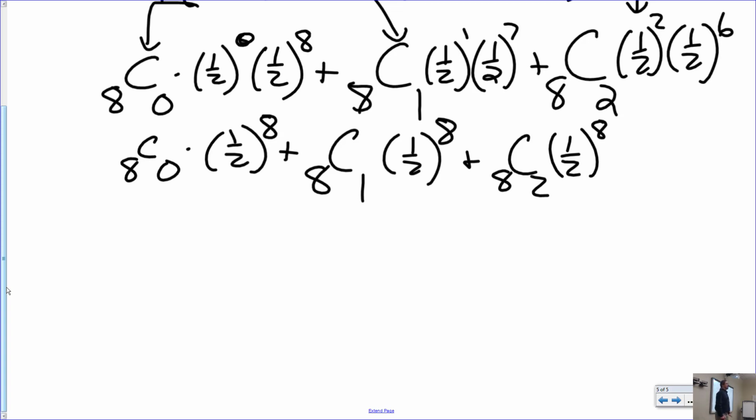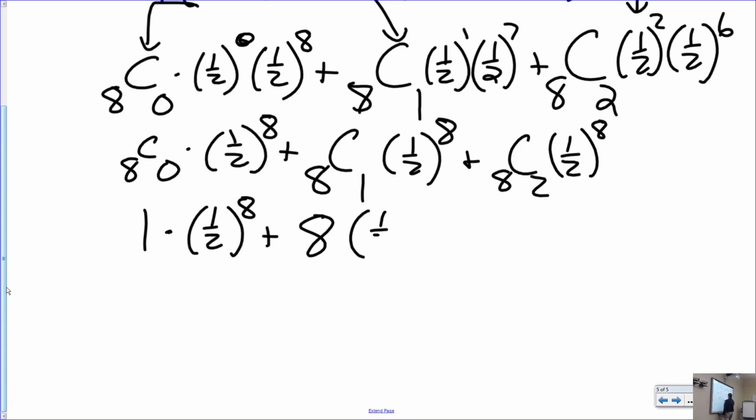By definition, that's always 1, folks. Combination of 8 things taken 1 at a time. And then the combination of 8 things taken 2 at a time.